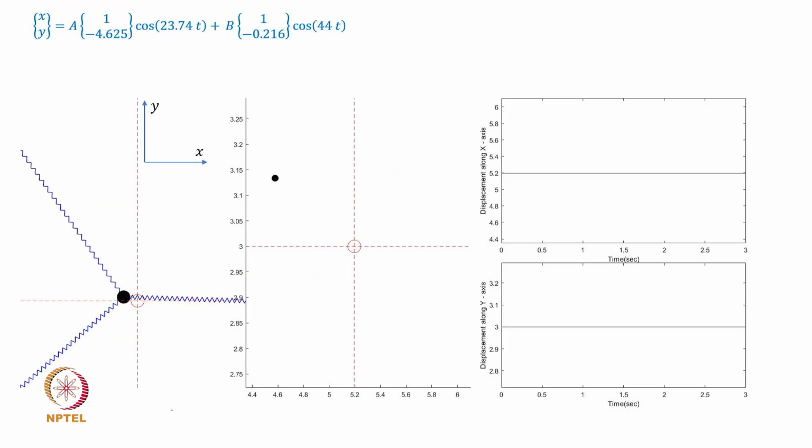Now if we want the system to execute only pure mode vibration at its second natural frequency, then we know that the first term of this general solution, which is the contribution from the first mode, should not contribute, which means A has to be 0 and B has to be non-zero.